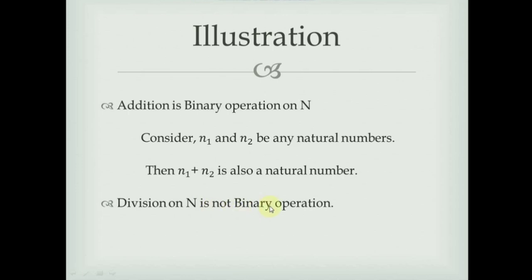But division on natural numbers is not a binary operation. Let us suppose 1 belongs to N and 2 belongs to N, but 1 divided by 2 does not belong to N. That is, if we apply division on two elements from natural numbers, then we are not getting a natural number. That's why division is not a binary operation.